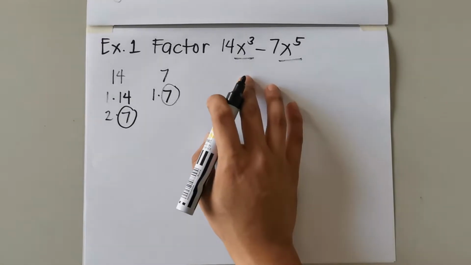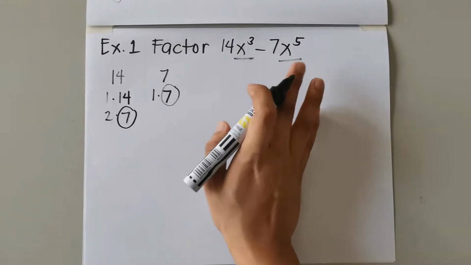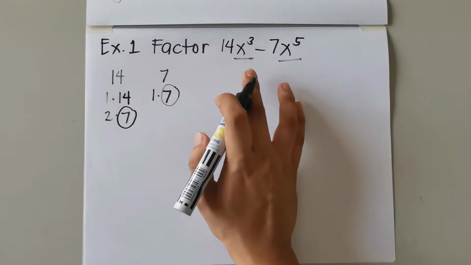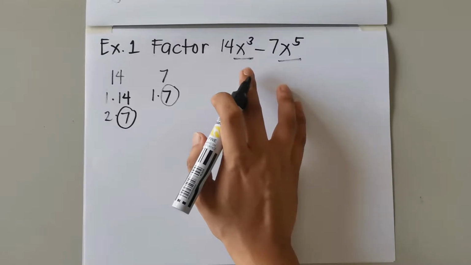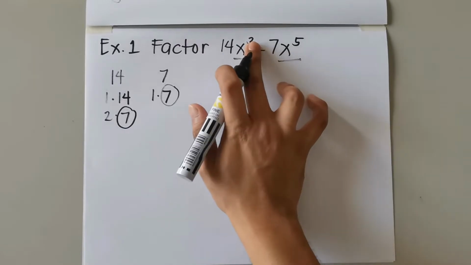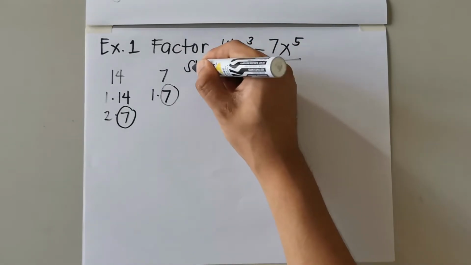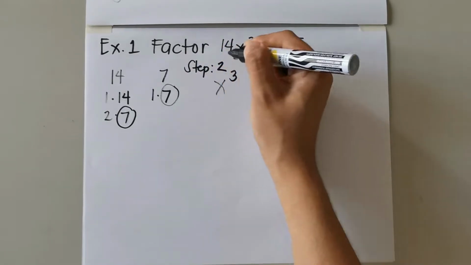All you have to do, class, is to compare the exponents. And then you're going to choose and copy the variable with the lower exponent. So in this case, we are going to copy x cubed. So write x cubed in here for step number 2.